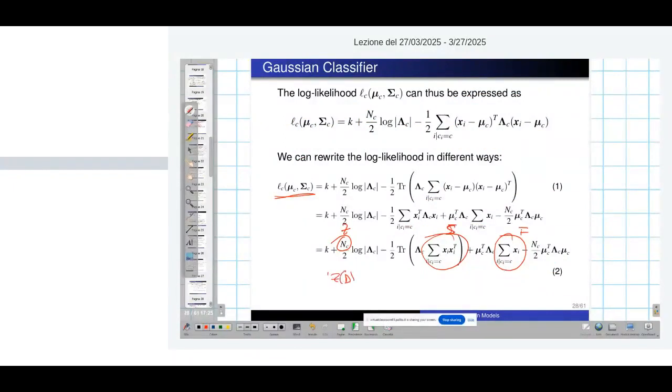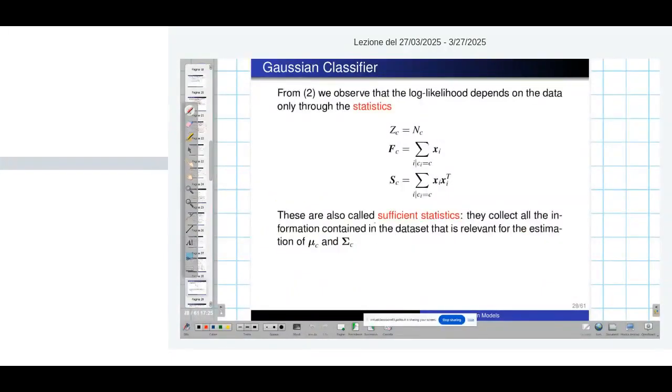These are functions of the data set. Once I have computed these statistics, the likelihood function depends on the data only through them. These are also called sufficient statistics because they collect all the information that is relevant for the estimation of my parameters.